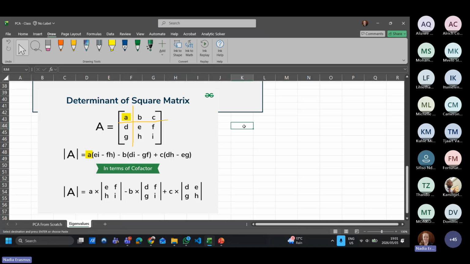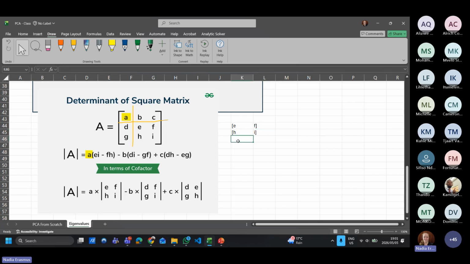So I now have a matrix of E, H, sorry, H, F, and I. Okay, so let's say this is your matrix that's left.